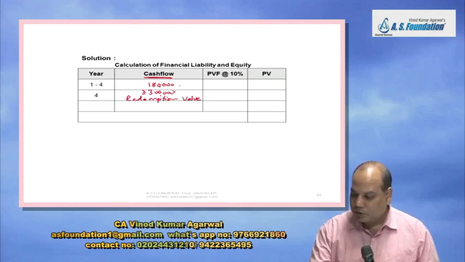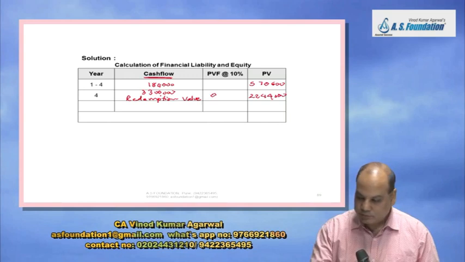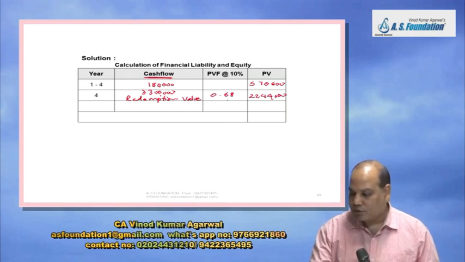What is the present value of 1,80,000 in the last column? 5 lakh? 70,000. And this figure? 22 lakh. Take the same factor which they have given. Okay, 0.68 and total of this 4.